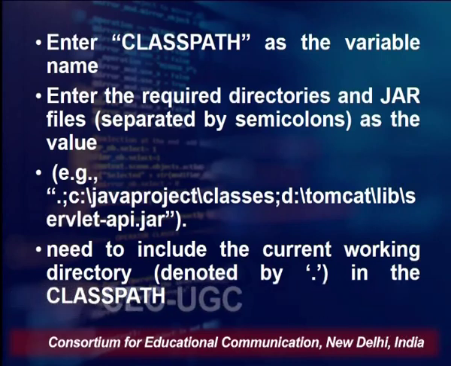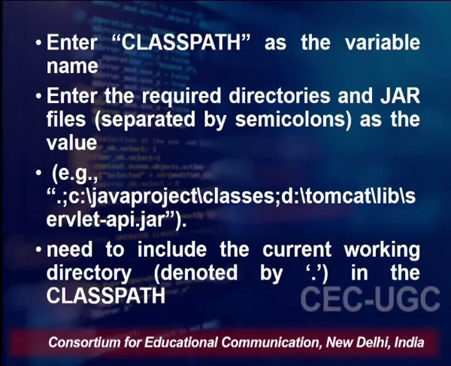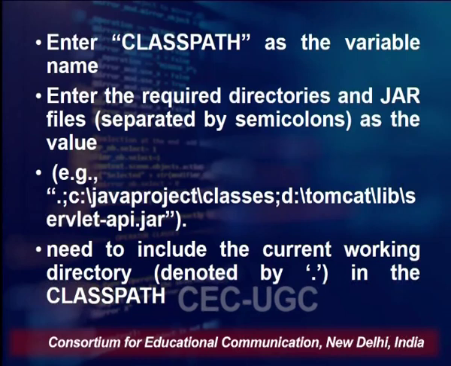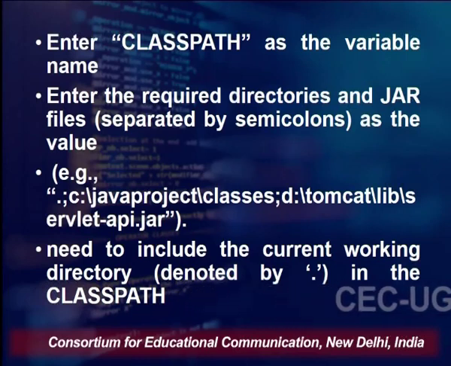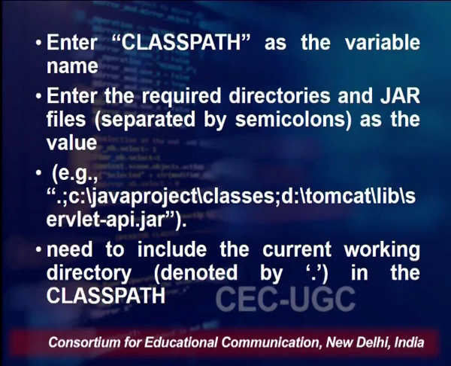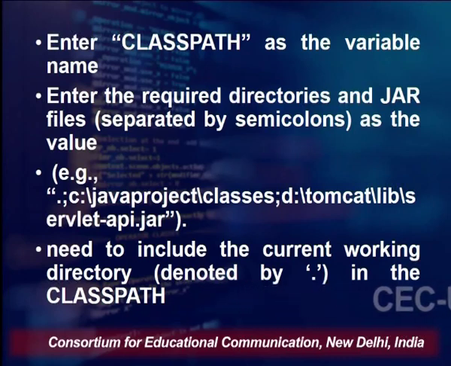We need to include the current working directory, which is denoted by a dot, in the classpath. So, there is a dot, a semicolon, then the path C drive, Java project, classes, again a semicolon, then D drive, Tomcat, lib, servlet-api.jar. That means basically 3 locations are entered in the classpath.